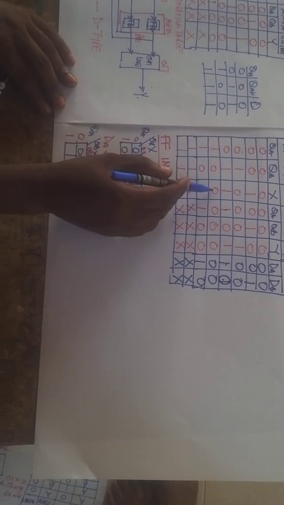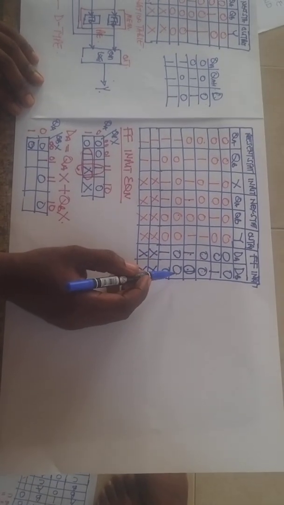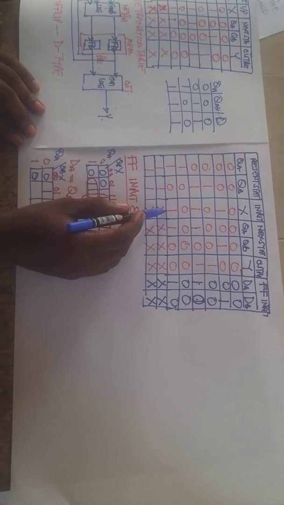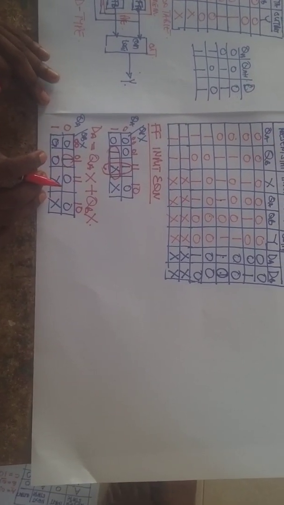Okay, 1, 0, 0 is 0. Then 1, 0, 1 is also 0. Here is don't care, right? So we can circle this.